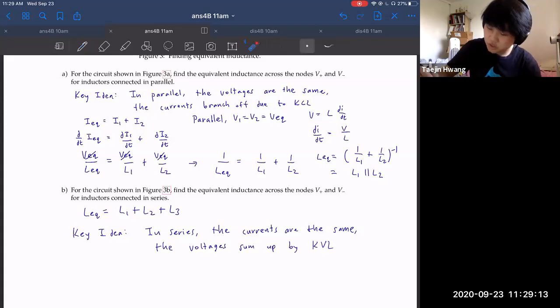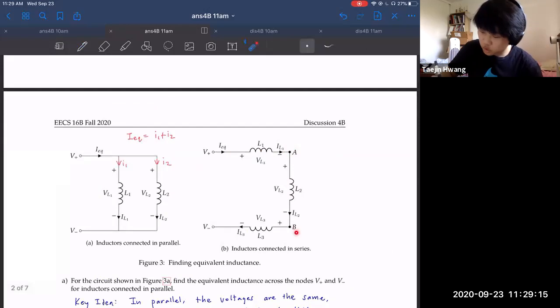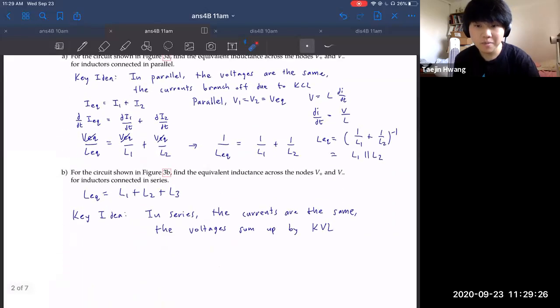In other words, summing these three voltages is the same as V equivalent by KVL, and all of these currents are the same through KCL. I think you can do that on your own time.